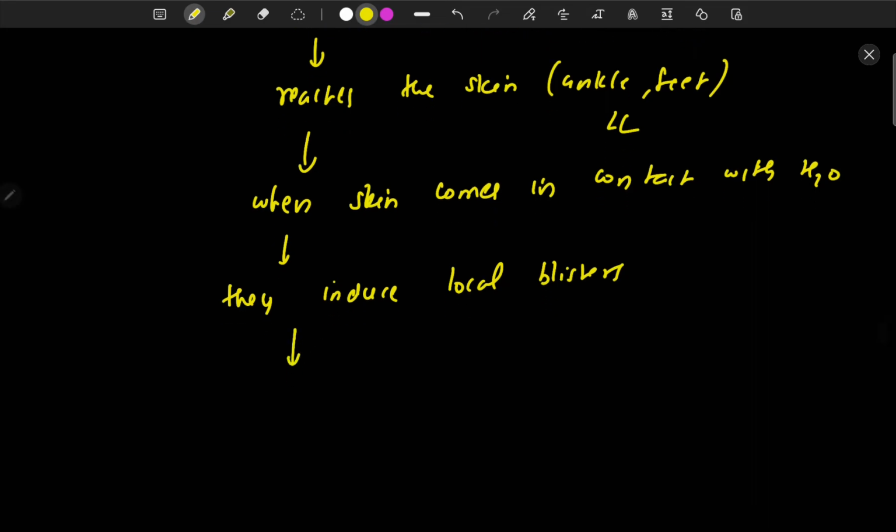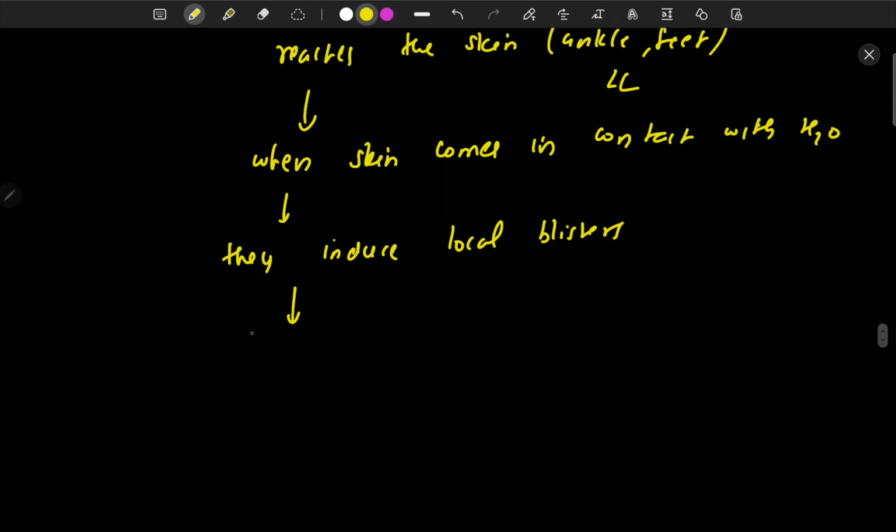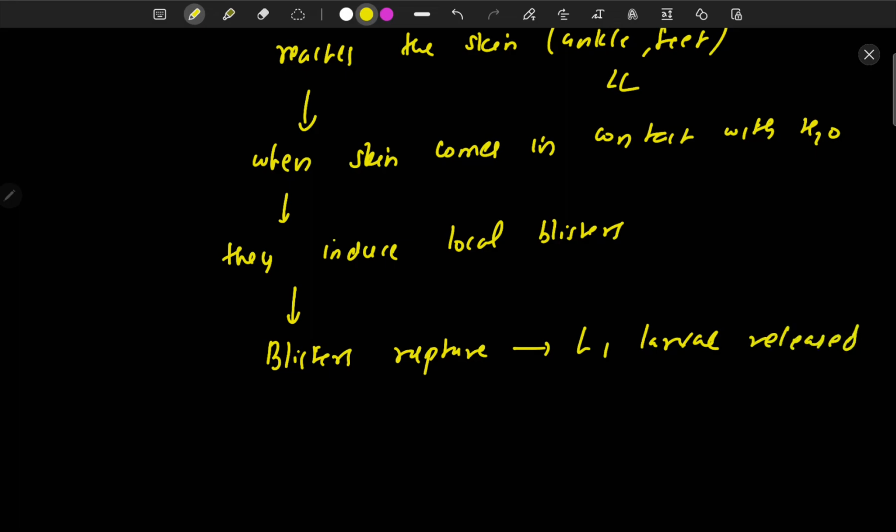There will be pain in the blister, and the blister ruptures. The adult female worm discharges the L1 larva into the water.